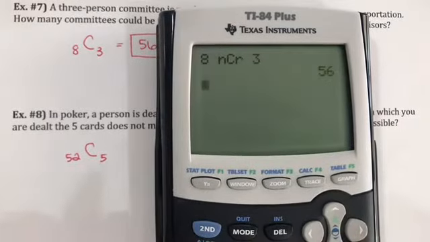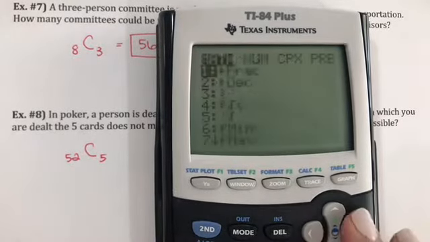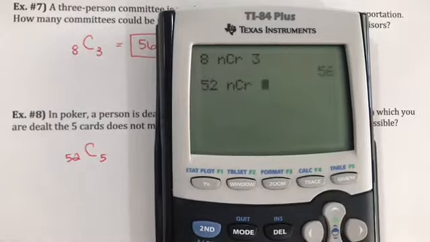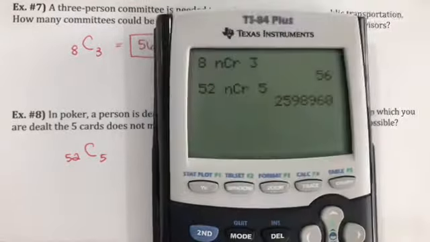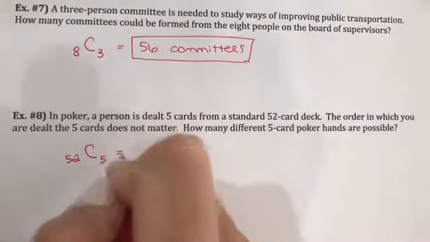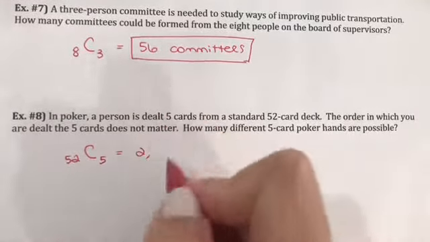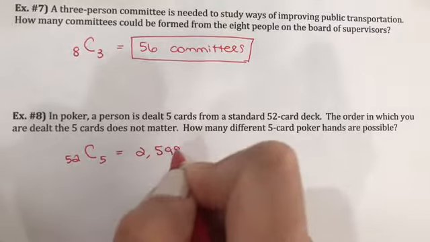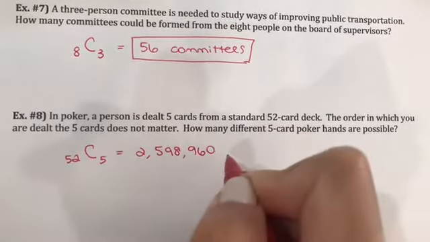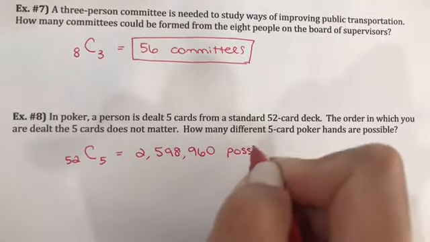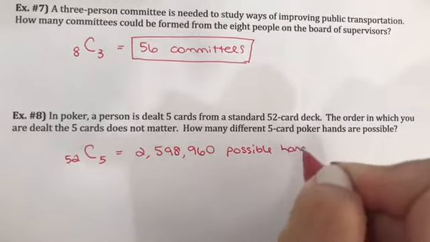Okay, so let's do 52 nCr 5, and we have quite a lot of options here. 2,598,960 possible hands.